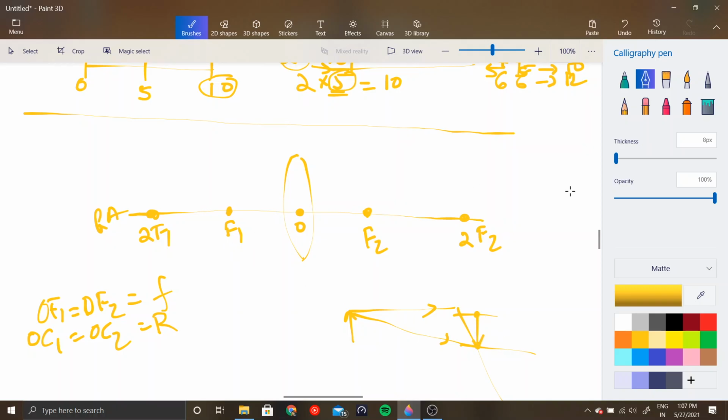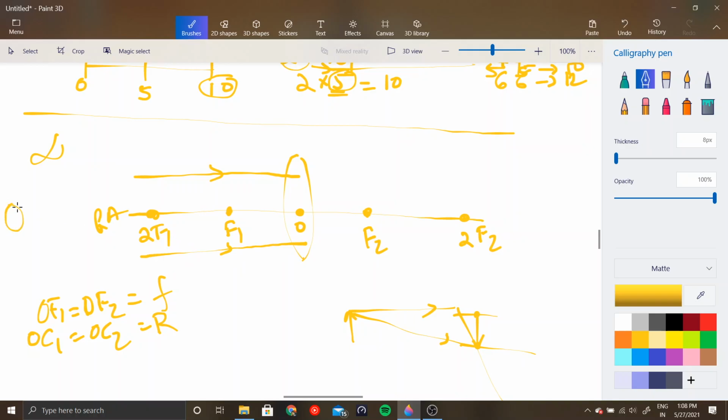Okay, let me show you what I mean. So let's first place the object at infinity. If it is at infinity, so parallel rays will come, right? It's coming from very far, so it will become parallel, right?